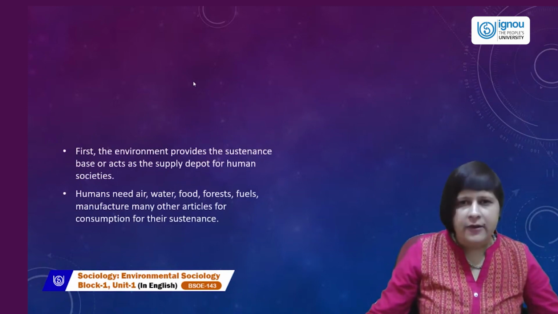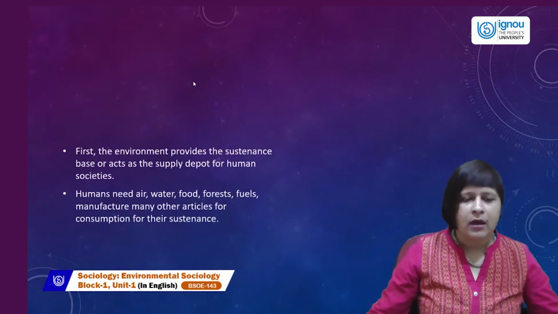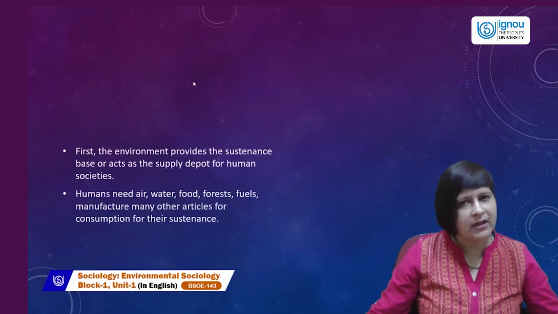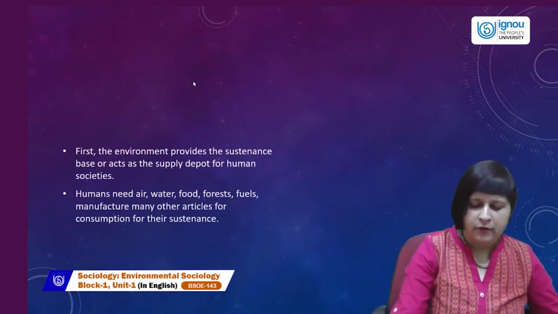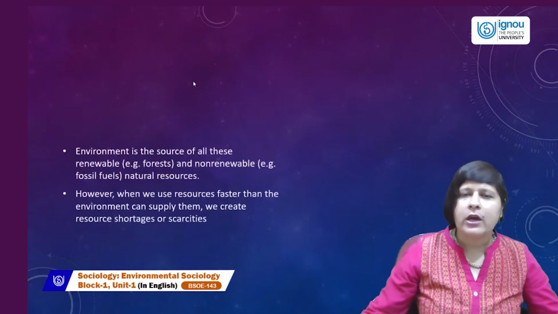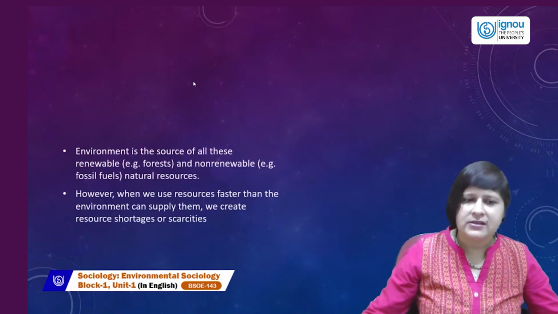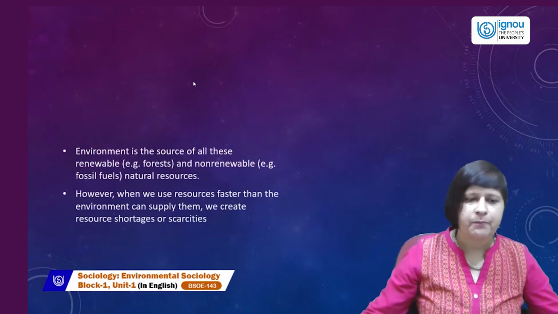Humans need air, water, food, fuel, forest, and materials to manufacture many other articles for consumption for their sustenance, and nature provides these products to human beings. The environment is the source of all these renewable and non-renewable natural resources.